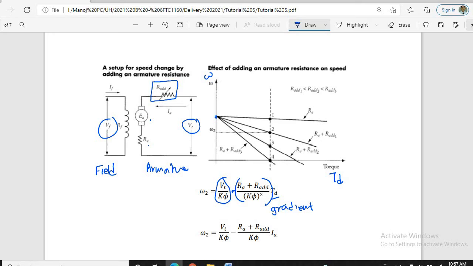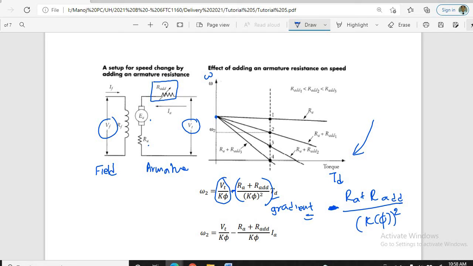That means when we add a resistance and increase the R add value, we will move from here to here by a negative increase of the gradient. Here, this is the gradient, and this is the gradient.